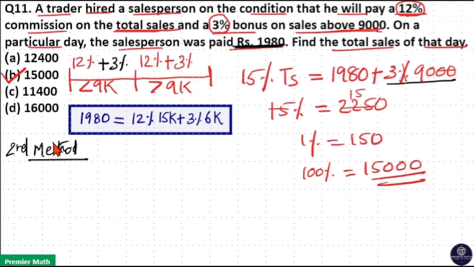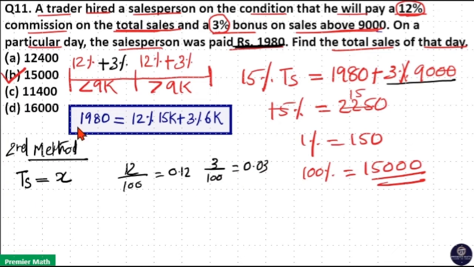Now the second method is, let us consider total sales as X. Then he gets 12%. 12% means 12 by 100 which is equal to 0.12, and 3% means 3 by 100 which is equal to 0.03.